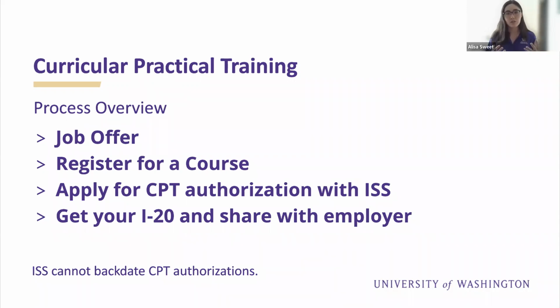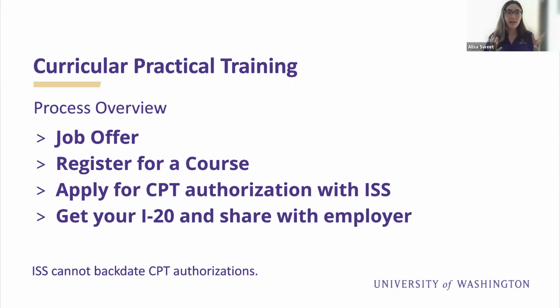In order for a student to be authorized for CPT, they do need to first receive the job offer. CPT is authorized per position, and so we do need to see an actual job offer before we can authorize. The student needs to be registered for a course, a CPT credit. They do need to apply for CPT authorization with ISS and receive an authorized I-20 to share with their employer.